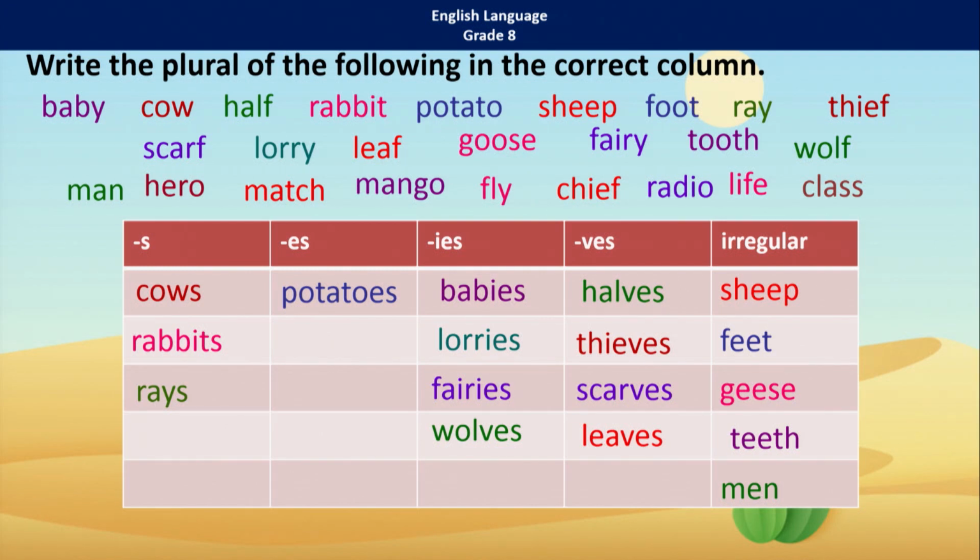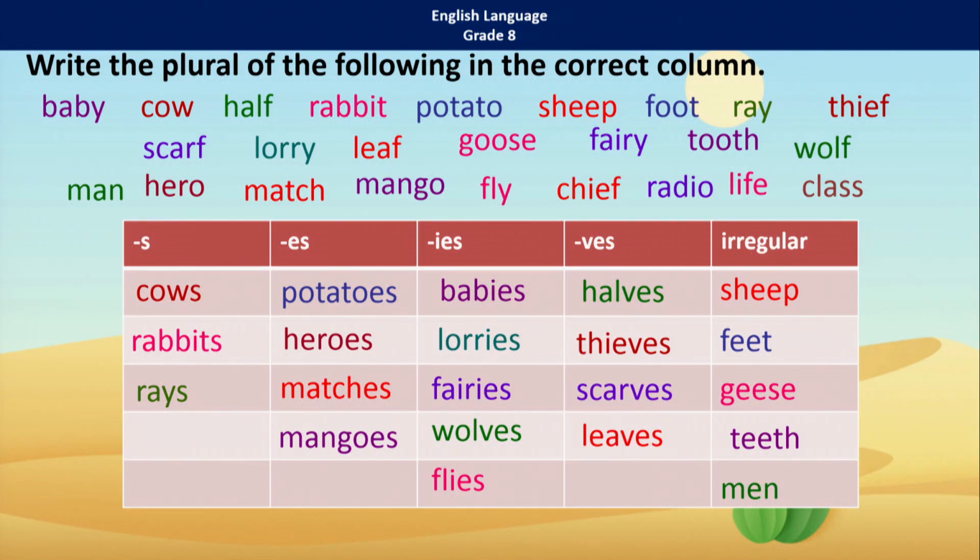O is the last letter, so ES is added. Of course. Match, matches. CH last letters, so ES should be added. Mango, mangoes. ES. Fly, flies. Last letter is Y and we drop that and add IES.